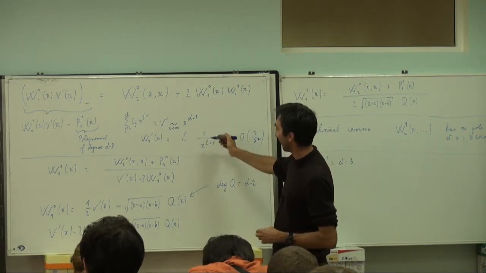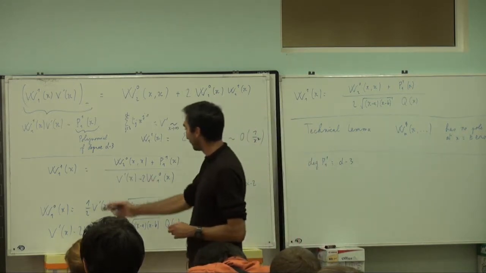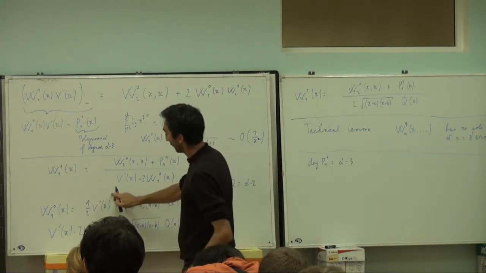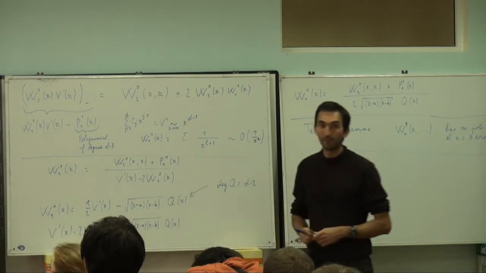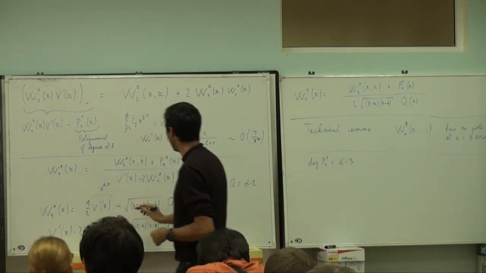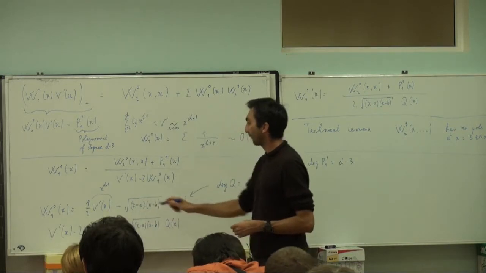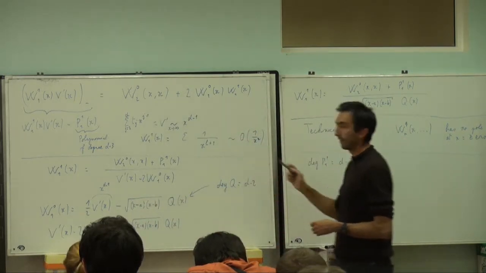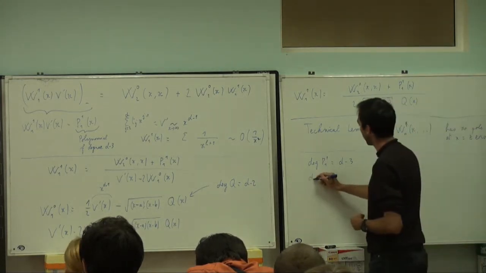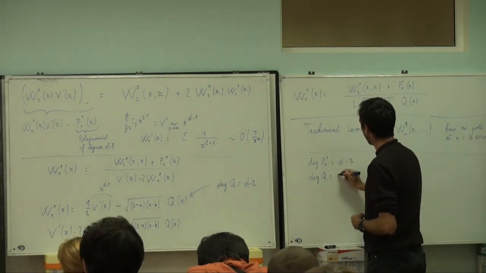It behaves like 1 over x to the L plus 1, so it should vanish at infinity. So this term should behave like the same power of x as this term. And this one behaves like x to the d minus 1. And square root of x times x behaves like x, so Q must behave like x to the d minus 2 at infinity. Okay, so the degree of Q equals d minus 2.